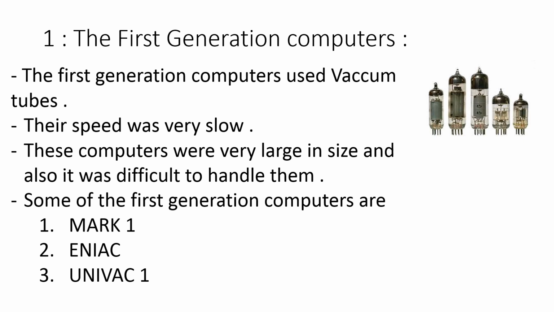Now their speed was very slow. The first generation computers that were developed had very slow speed. The third point is that these computers were very large in size, and it was difficult to handle them. Since they were very large, they required much patience and much time to handle and maintain them.